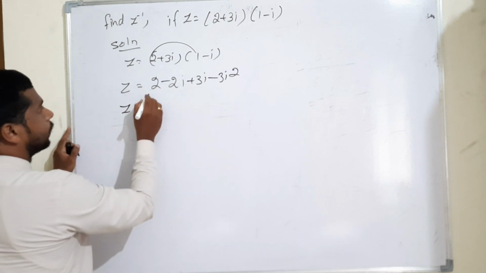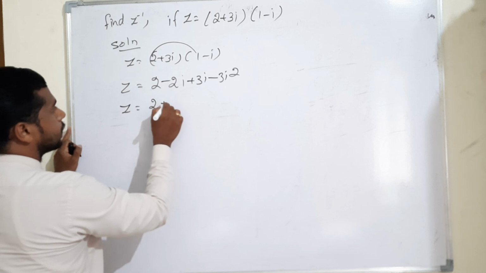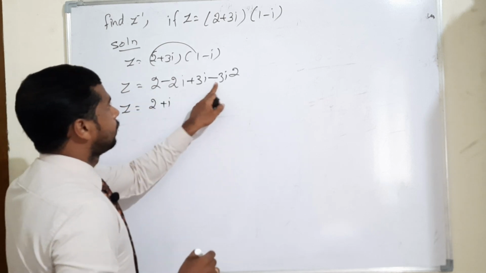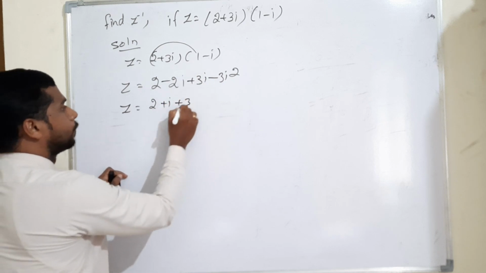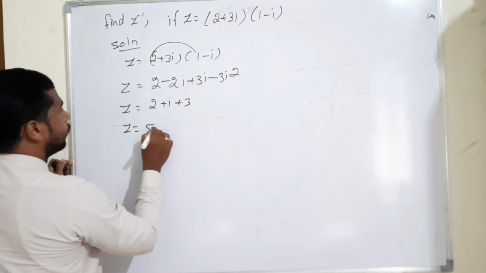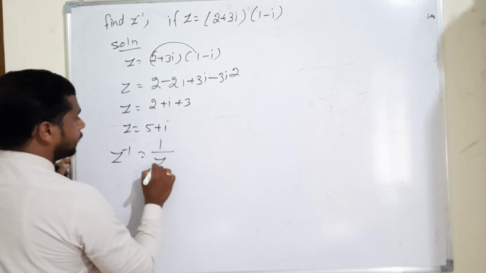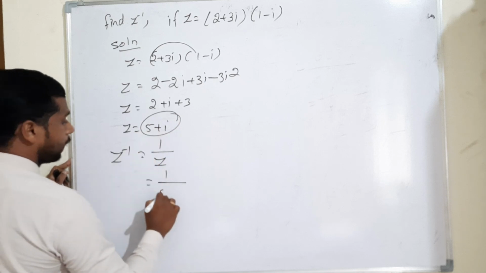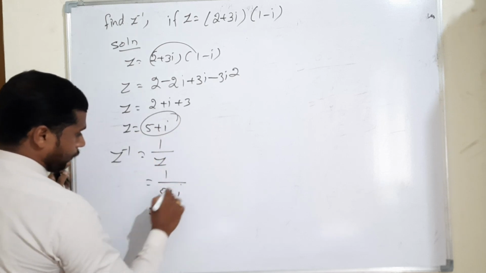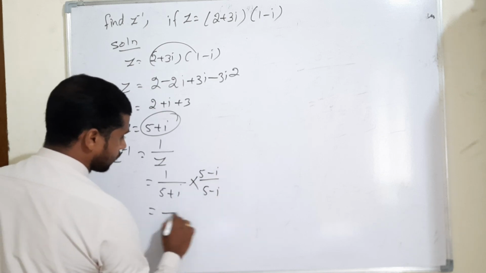Therefore Z is equal to 2, minus 2i plus 3i means plus i, then minus i square means minus 1. Minus into minus is plus, so plus 3. Therefore Z is equal to 5 plus i. Then what is the meaning of Z inverse? 1 by Z. Just now we found Z is 5 plus i. Taking the conjugate, 5 minus i divided by 5 minus i.